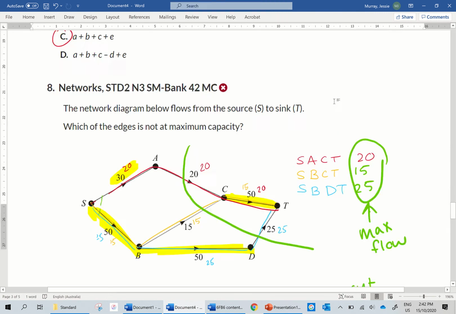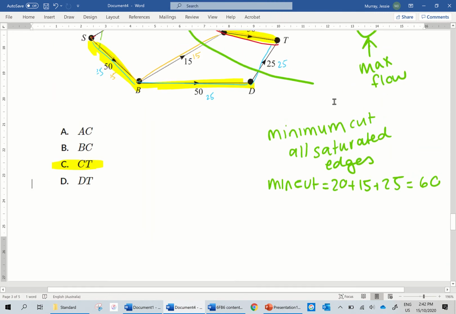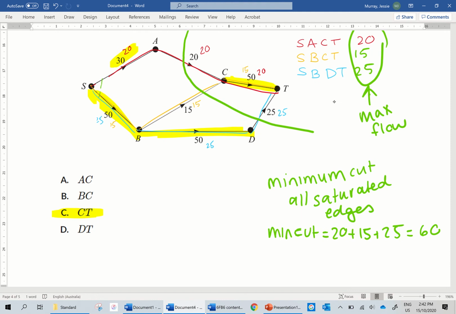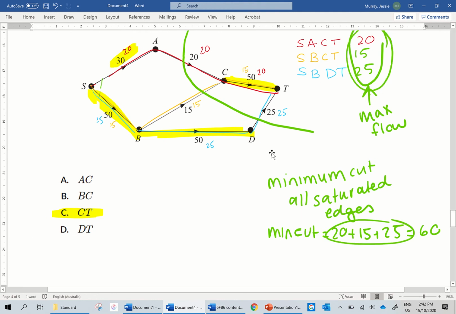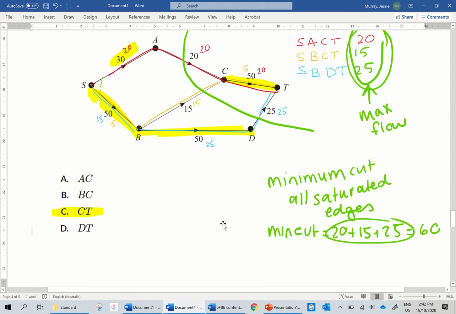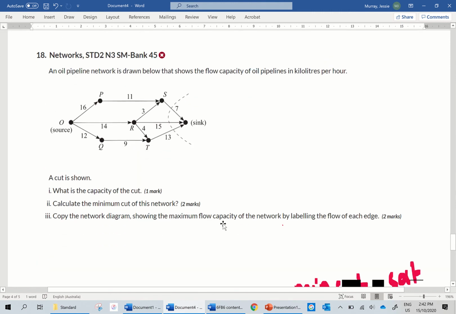And notice, minimum cut, 20, 15, and 25 equals maximum flow. So that's how it works, okay? If you know the minimum cut, you can work out the maximum flow. If you know the maximum flow, you can give them the minimum cut. So let's see how we can do that in questions now.